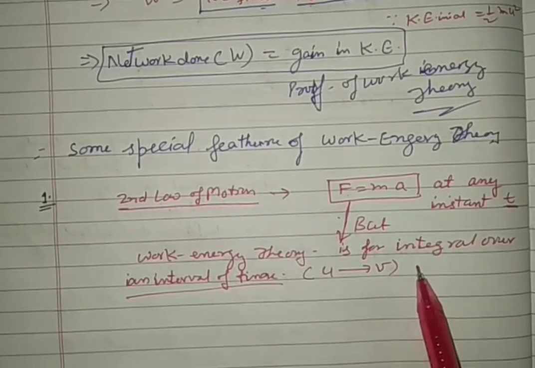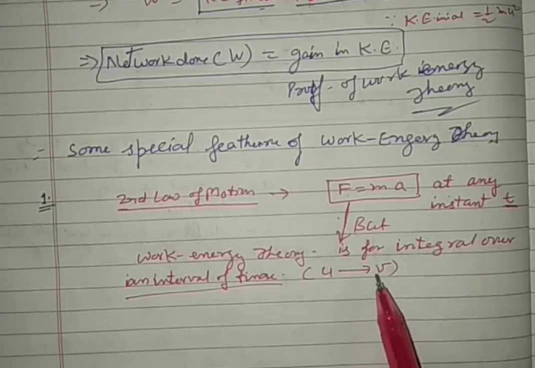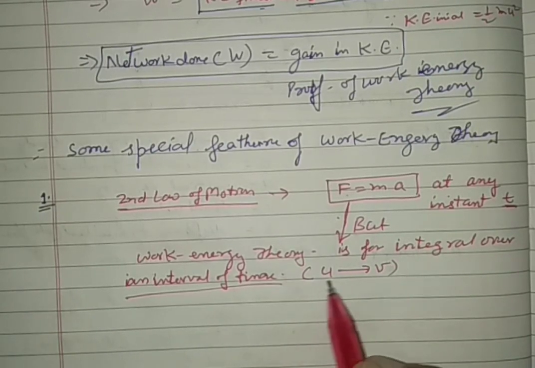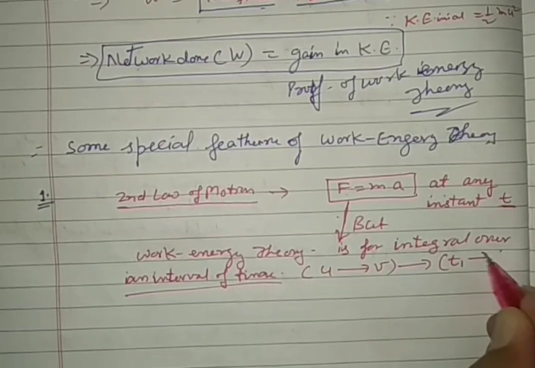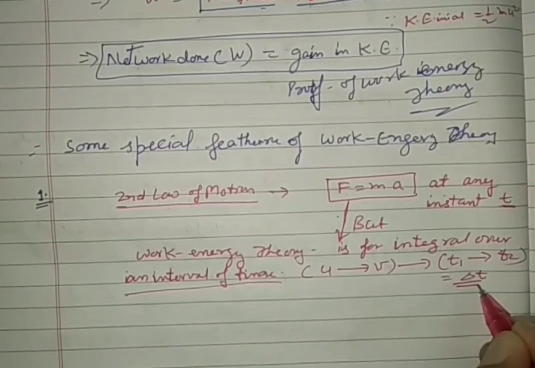When force is applied on a body, it takes a time, and we integrate from u to v in the derivation. It means it is from time t1 to time t2, that is, of time interval delta t.